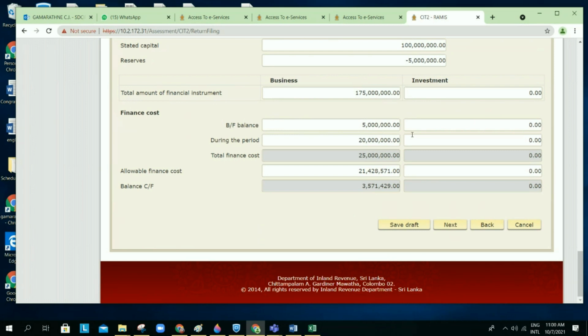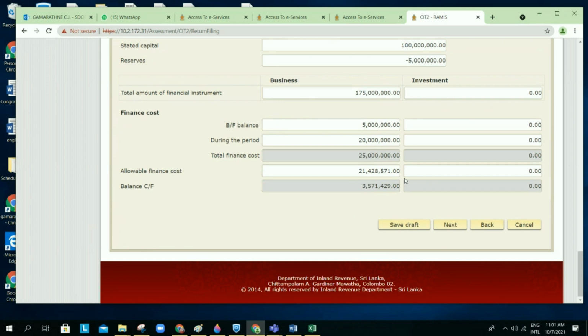With our calculations we can identify 21,428,571 as the allowable finance cost, right?